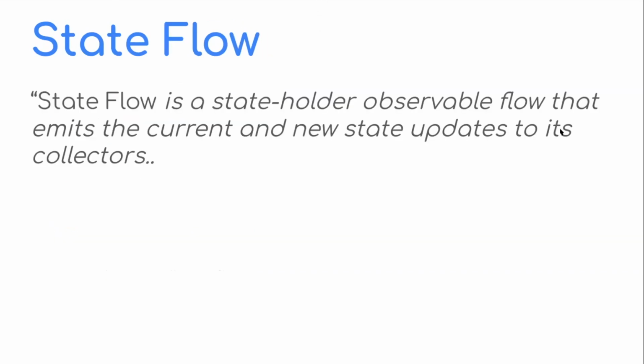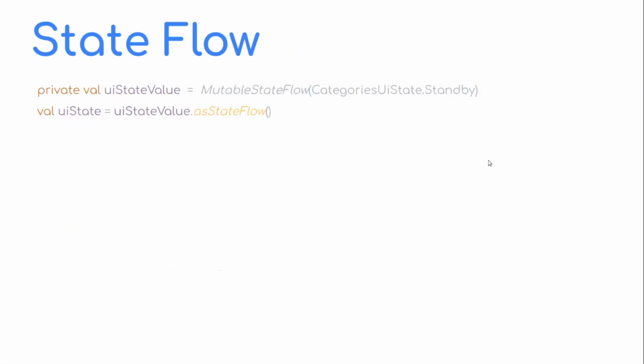We also have this guy called StateFlow. StateFlow is a state holder observable that emits the current and new states to its collectors. This is more like LiveData, but with the benefits of Kotlin and Coroutines.